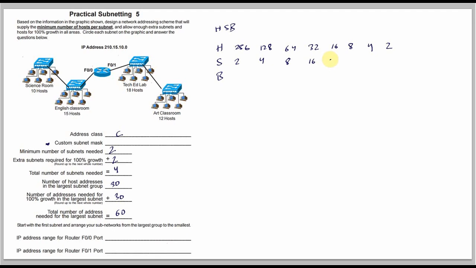Yeah, that's right. 32, 64, 128, and 256. And for the binary, you have to start from 1. So that would be 1, 2, 4, 8, 16, 32, 64, 128.